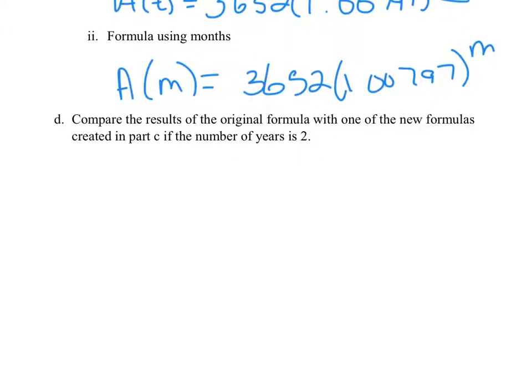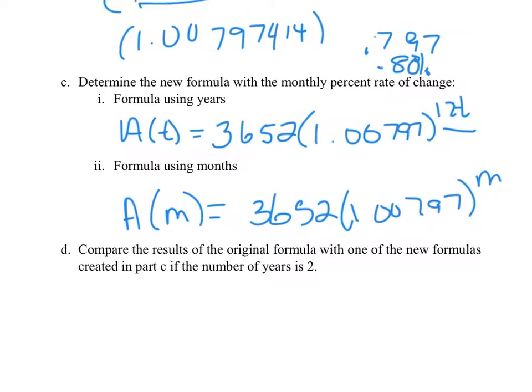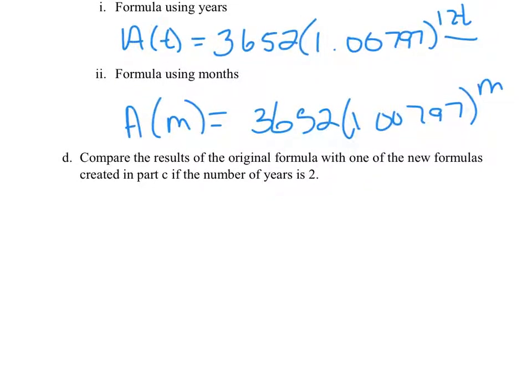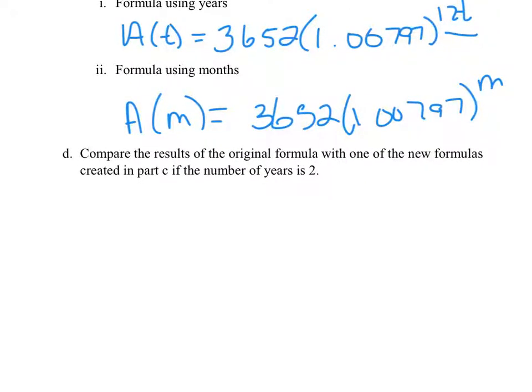Anyway, if I use these two formulas, compare the results of the original formula with one of the new formulas. My original formula, as a reminder, is A of t equals 3652 times 1.10 squared.